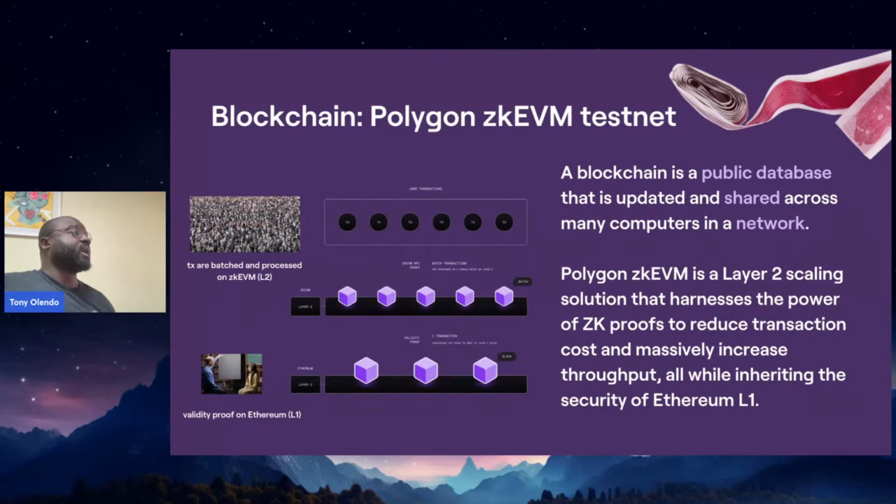The way that it works is that you have transactions that are processed on the zkVM, and then all of those transactions are grouped into batches and introduced onto the layer two. From there, a validity proof is generated for each of those batches, which are eventually represented as blocks, and a proof of each of those batches is sent directly to the L1.